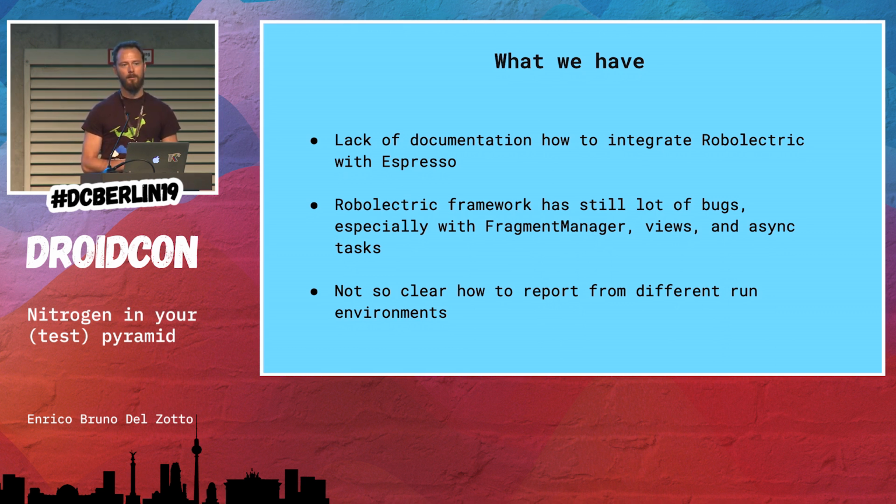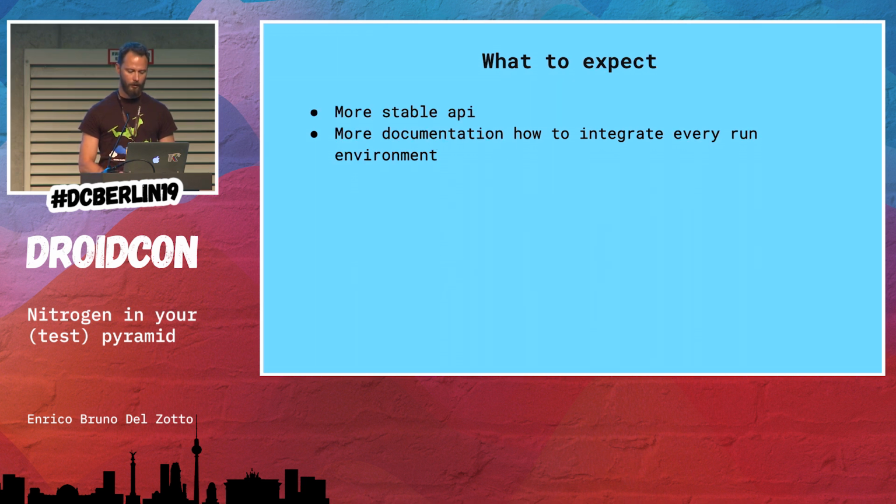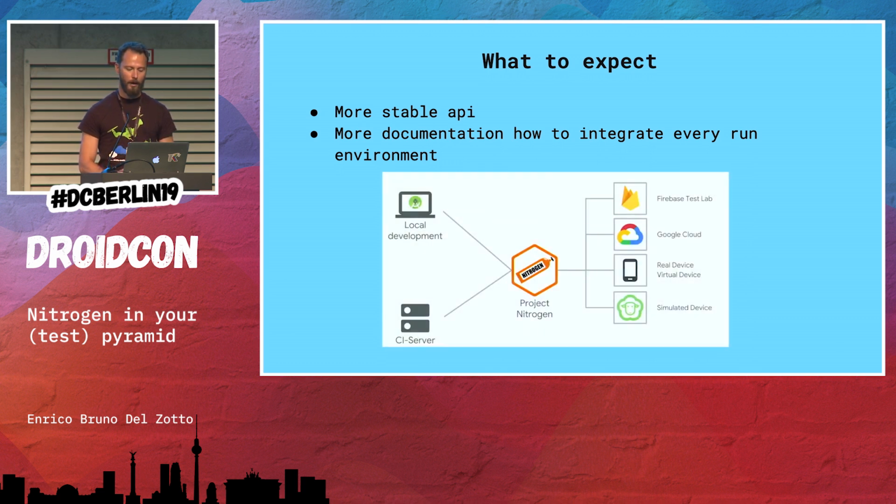Using Robolectric, you can attach different report tasks, but there is no guideline on how we can unify this report. With the release of the Nitrogen project, we would of course expect a more stable API and more documentation, especially on how we should integrate every run environment.